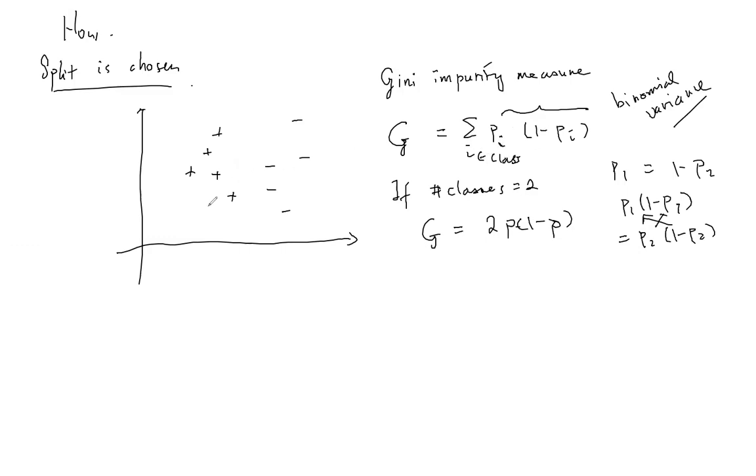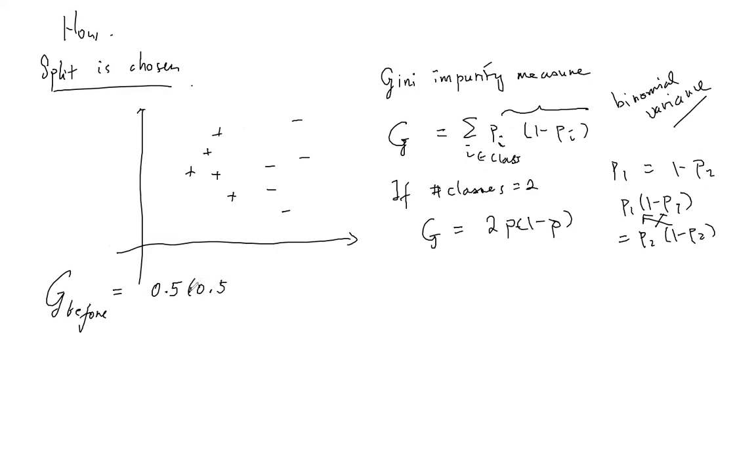Now, before we make the split, we have a Gini impurity, G before, which means everything. You look at everything here. The proportion of plus is 0.5, and the proportion of minus is also 0.5.